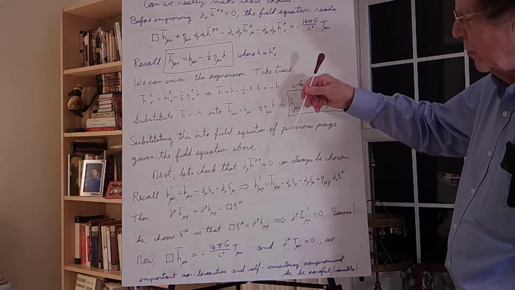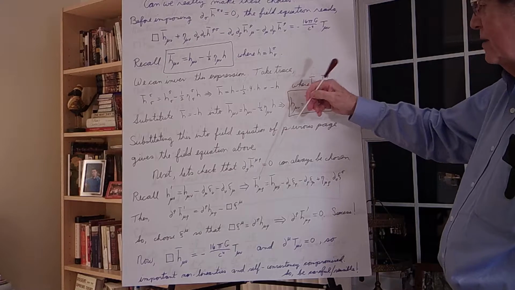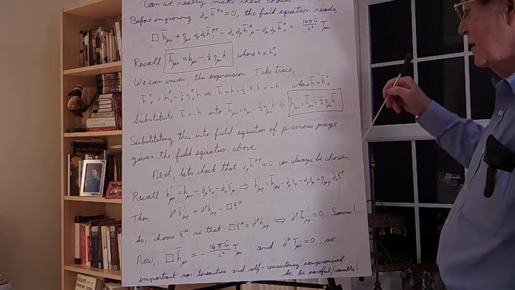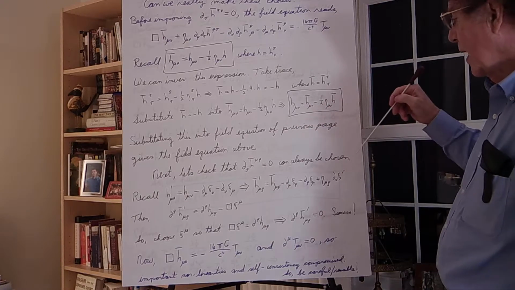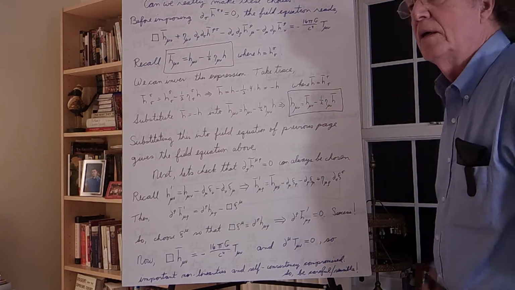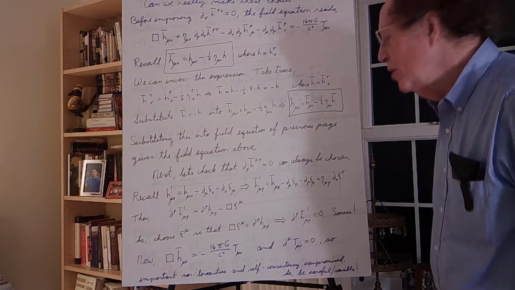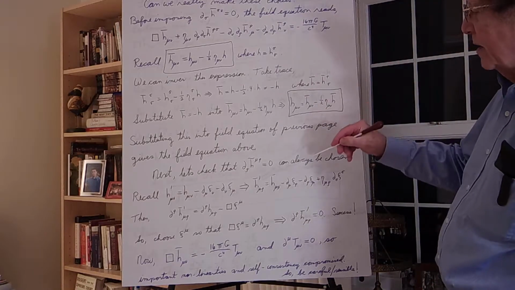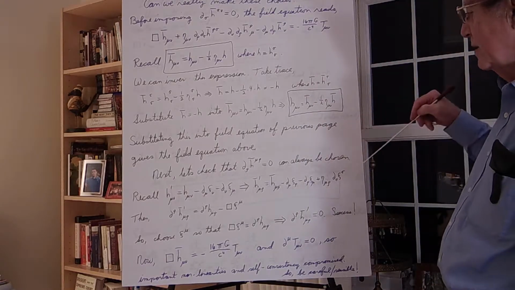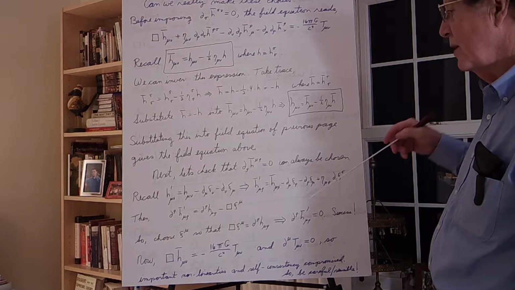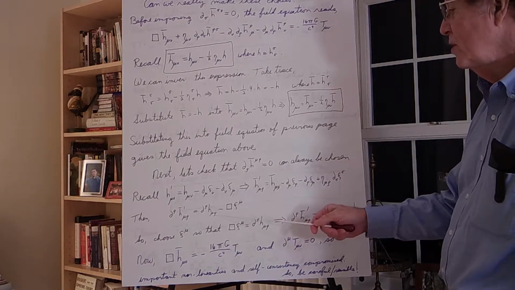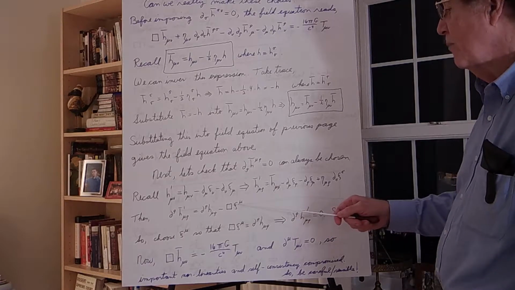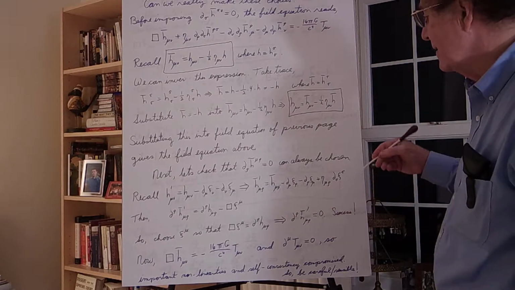So here's the change of coordinate system for h bar. And so then I can see what the coordinate transformation is for the divergence of h bar. I just take the divergence of both sides of this expression, and I see the divergence of h bar is equal to the divergence of h minus wave operator on eta.